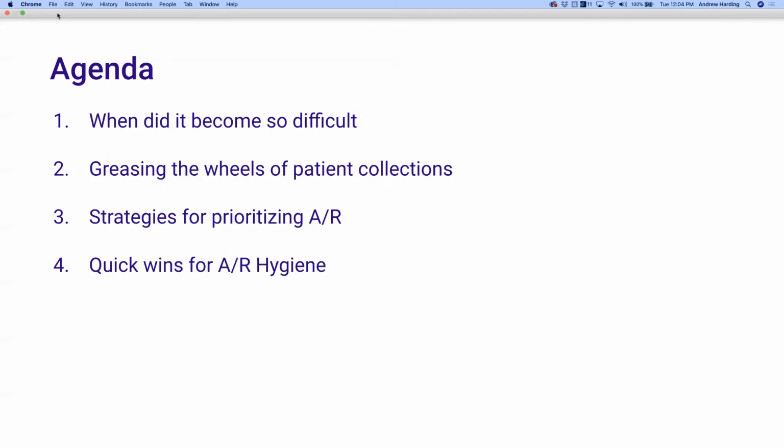If you haven't heard the term AR a lot, I refer to it as accounts receivable. We'll go through some strategies for how you can better prioritize the massive volume of patient accounts. And then we'll have a quick bit at the end for what I call fire drills, these little quick wins that you might be able to take back and clean up some of the overall hygiene of your patient accounts. So with that, we'll go ahead and dive in here.